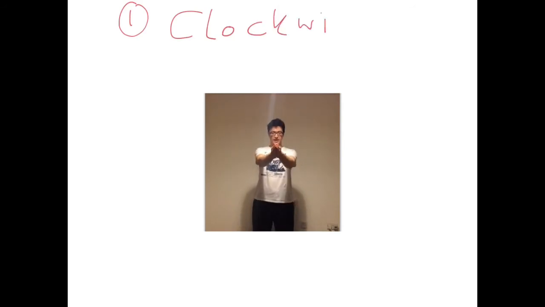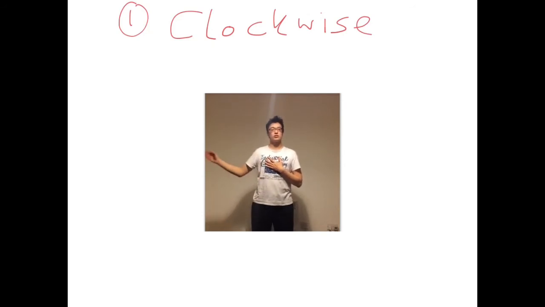So making a clockwise turn means turning to your right. So currently the direction I'm facing is here, and I want to turn to my right hand side. So if you say to me, Mr. Walker, you need to make one whole turn clockwise, I'm going to make a whole turn going to my right first.